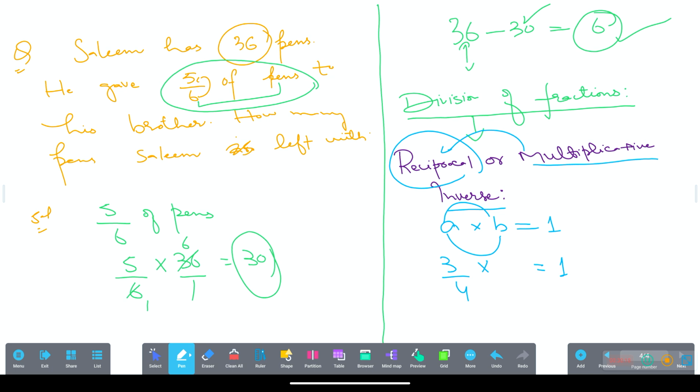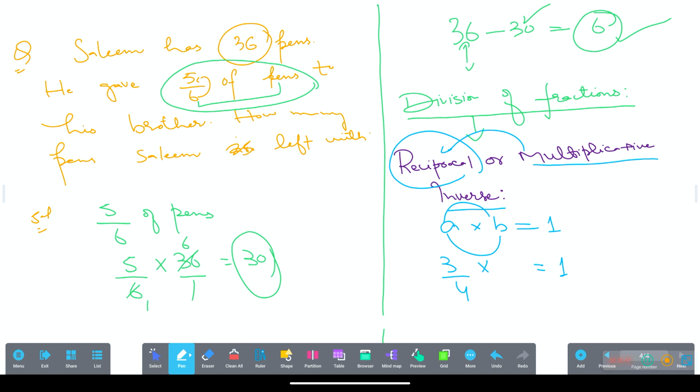Because reciprocal or multiplicative inverse are those two numbers whose product is equal to 1. So you should multiply 3 by 4 by its reciprocal.